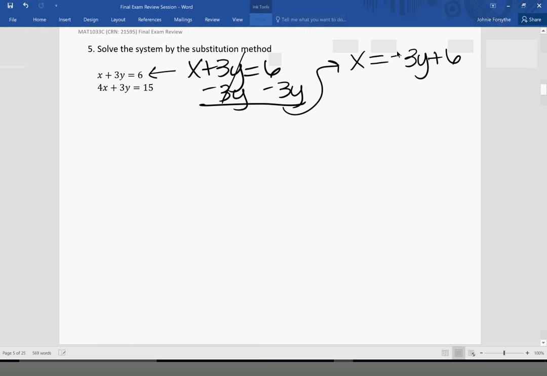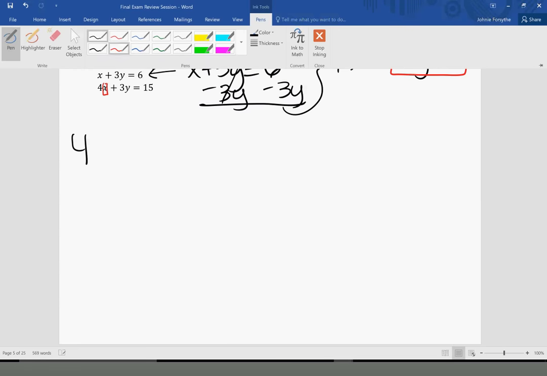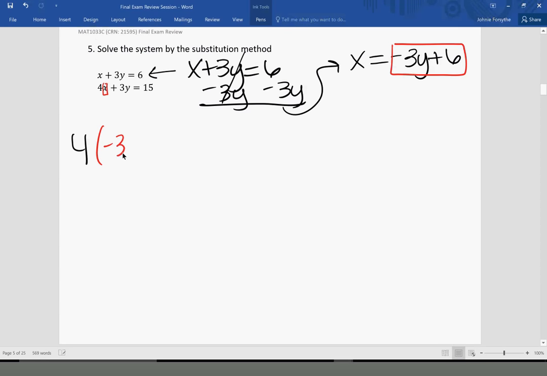So what I can do now is take this expression for x and plug it in for x in the other equation. So what I'll have is 4 times (negative 3y plus 6) plus 3y equals 15.